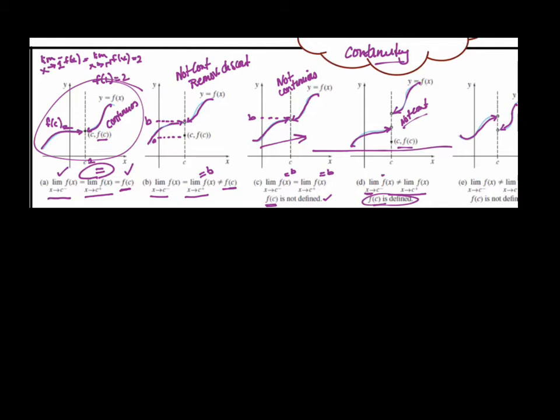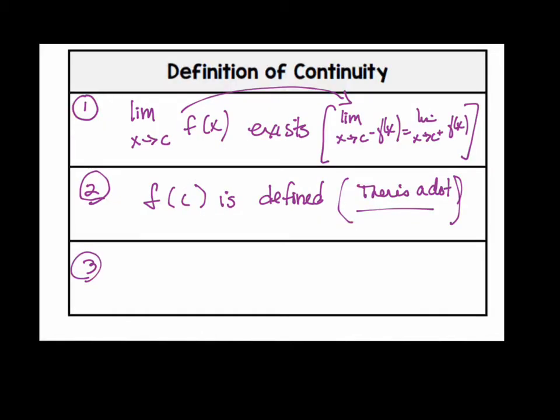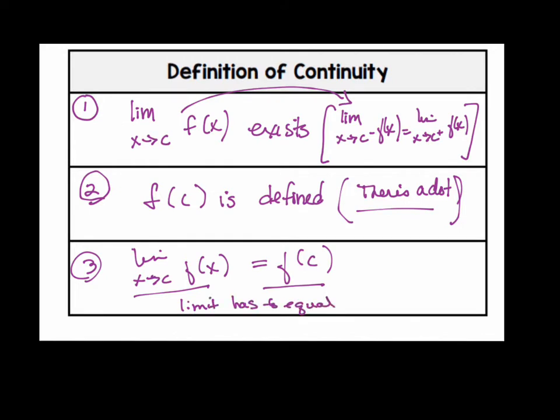To write it out, you would say the limit as x approaches c of f of x is equal to f of c. So this has to be the same number. The limit has to equal what the function is at that point. Say it again: the limit at c has to equal what the function is at c.